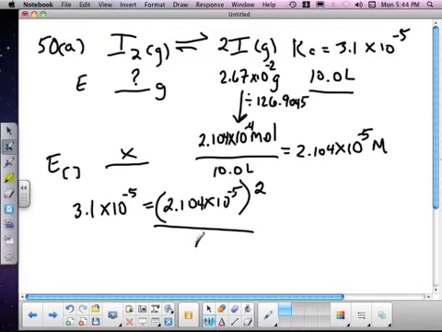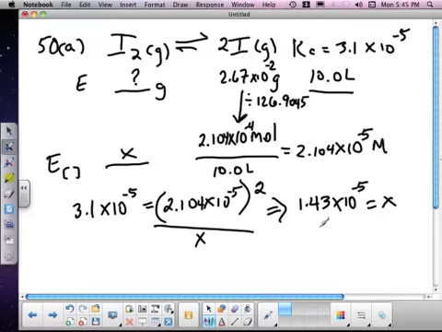Solving for x, or I2, I get 1.43 times 10 to the minus 5. Now I'll walk you through the steps quickly. All right, I took and squared this number, essentially cross multiplied and divided to solve for my x. All right, but they didn't ask what is the molarity of I, they asked how many grams.